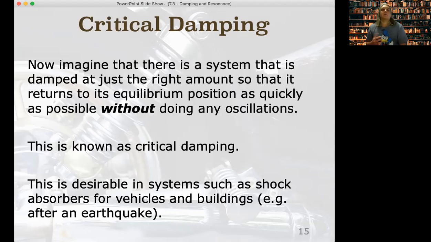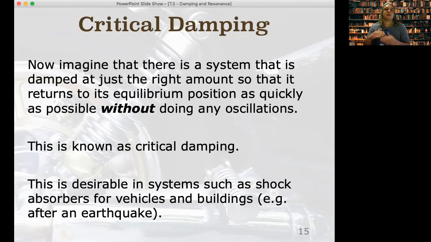And that's a really important concept, because there are a lot of systems where we want that to happen. Like I said earlier at the start of the lecture, if you've got a car with shock absorbers, you want it to be displaced, then quickly return to its equilibrium position without ever oscillating. And that's critical damping. So if we can set shock absorbers to be critically damped, that's ideal.